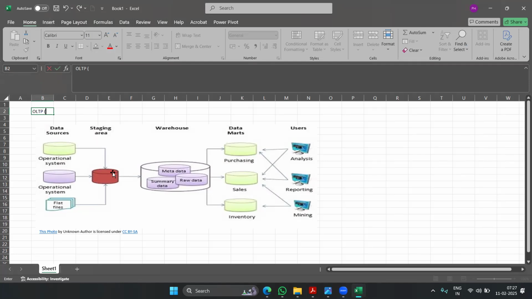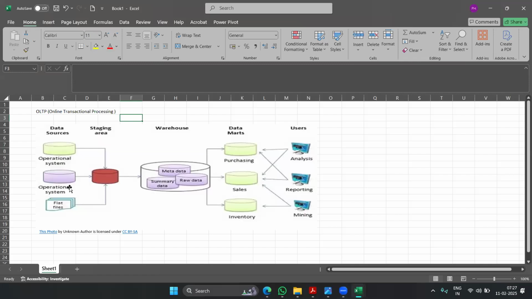If I expand this, it stands for online transaction processing system. The place where we capture our day-to-day transactions is kept in the online transaction processing systems.